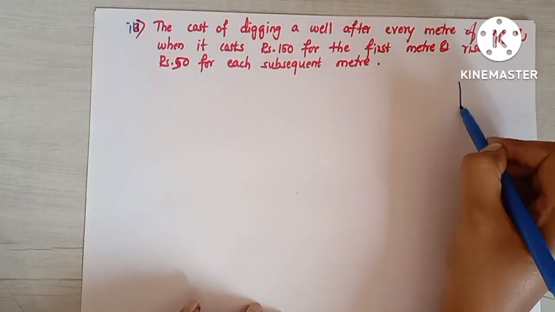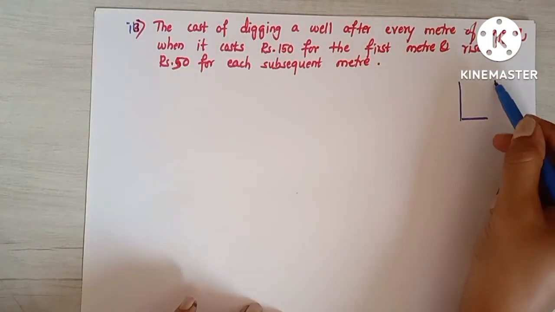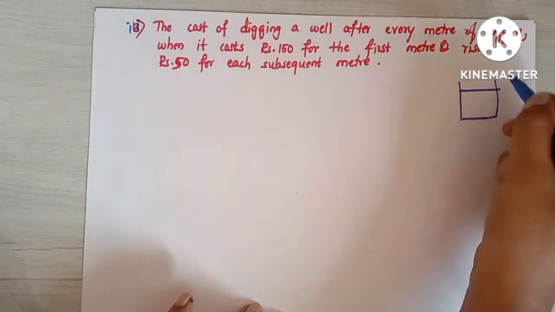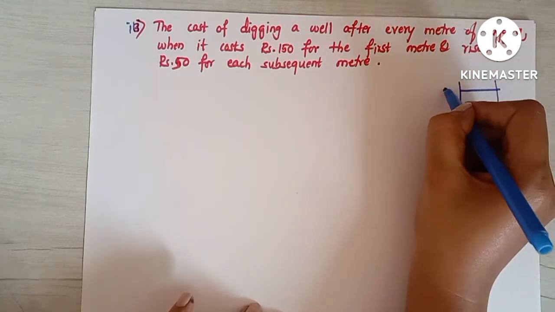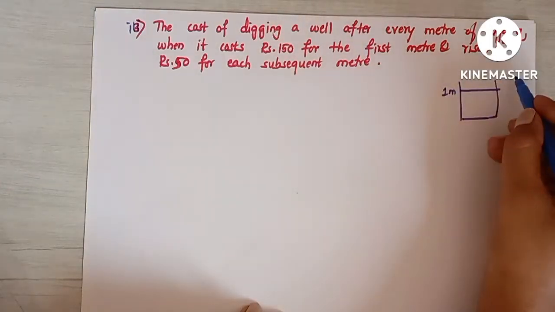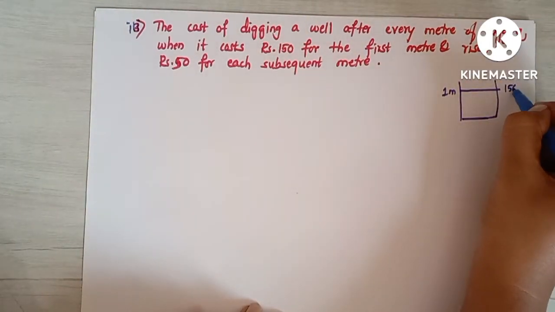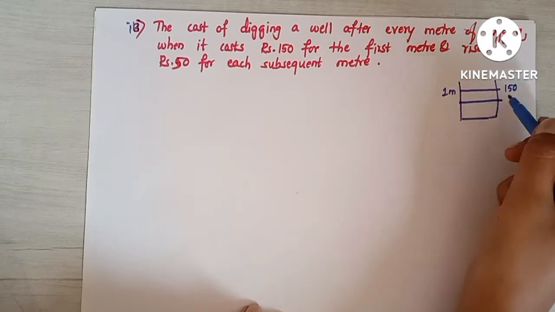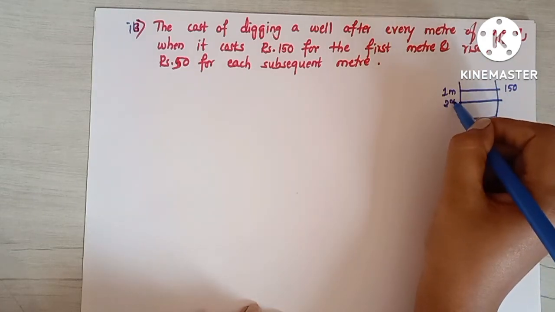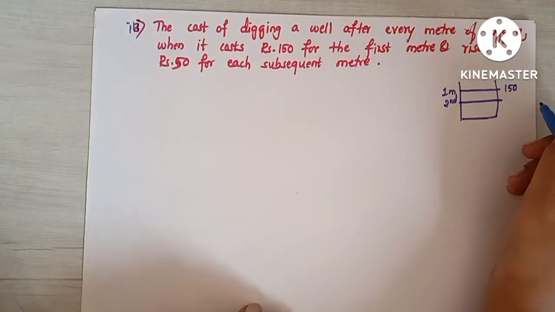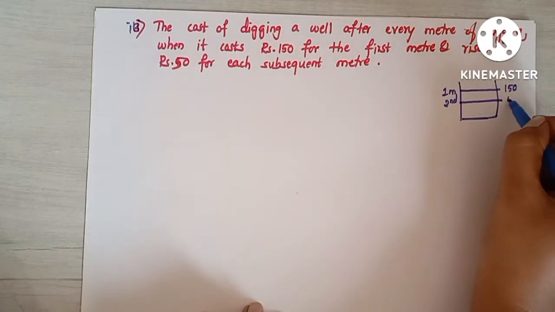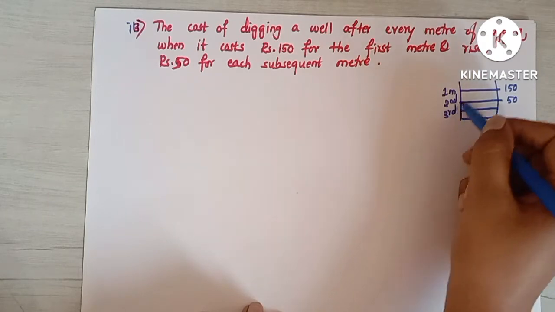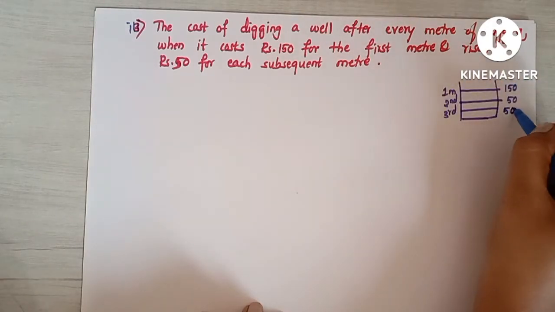So for the first meter, the cost is rupees 150 and the cost rises by every meter, and therefore for the second meter the cost rises by 50 rupees. Again for the third meter the cost rises by rupees 50.